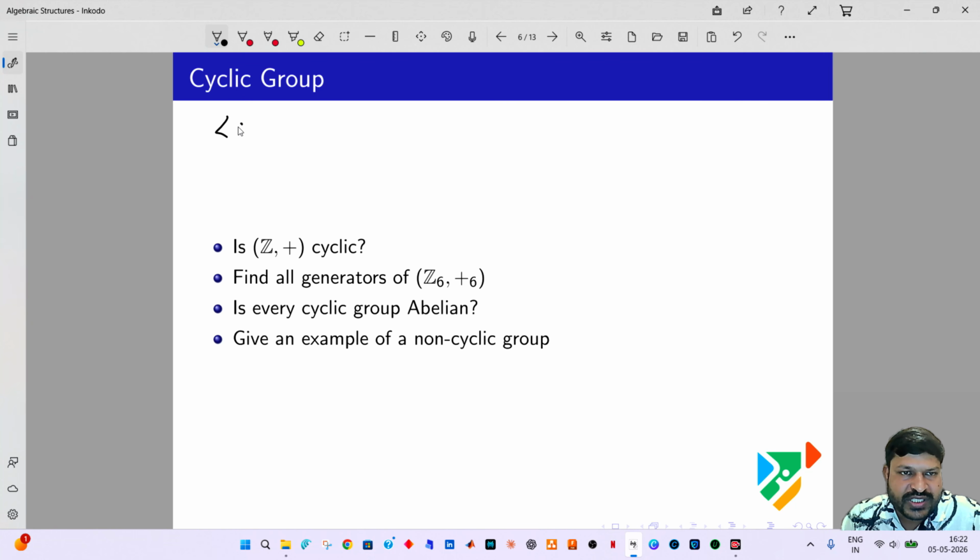Now, as for the cyclic, if you remember, what is a cyclic group? It must have one generator. That means you pick any element from the group, and it must be generated by one element g. If it happens, it is a cyclic group. In case of Z plus, you see that if you have 1, all the elements can be generated using 1. For example, you take n. How will you generate n? 1 plus 1, and so on, n times.